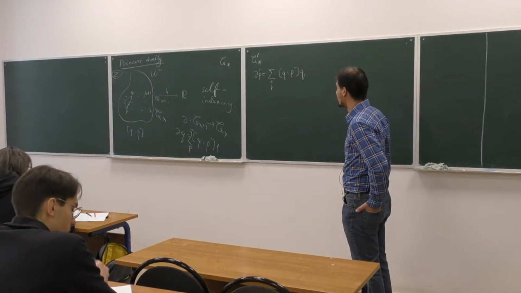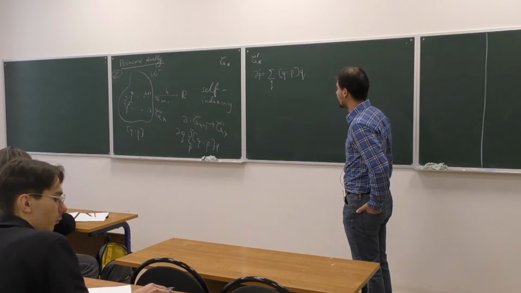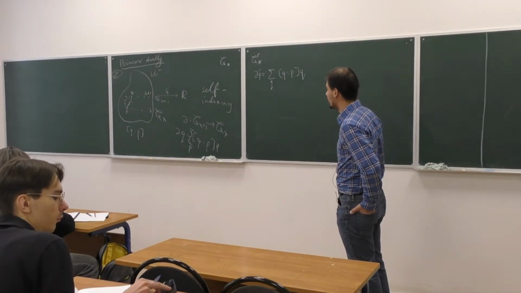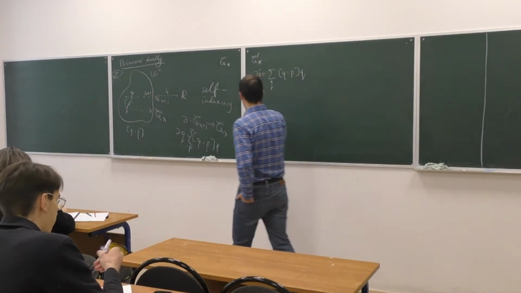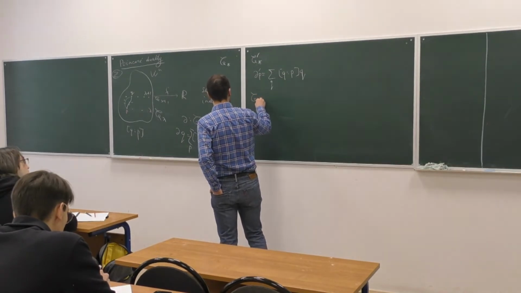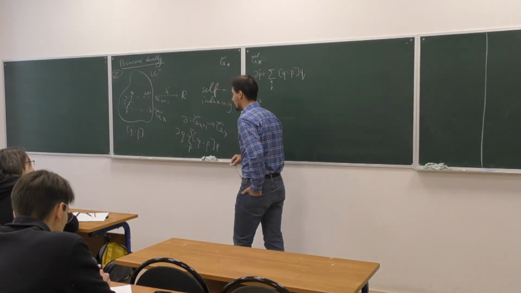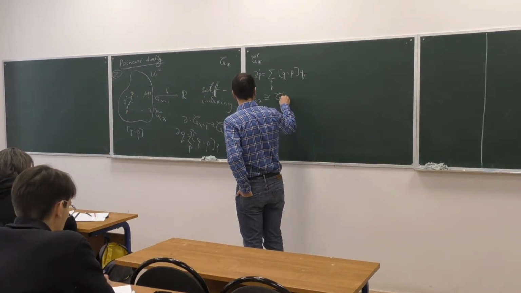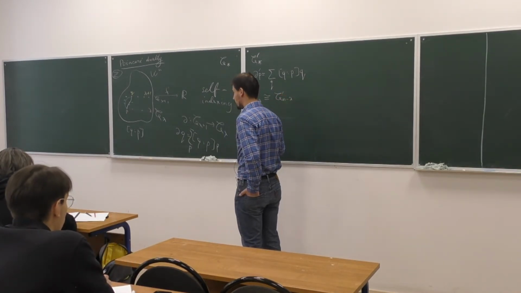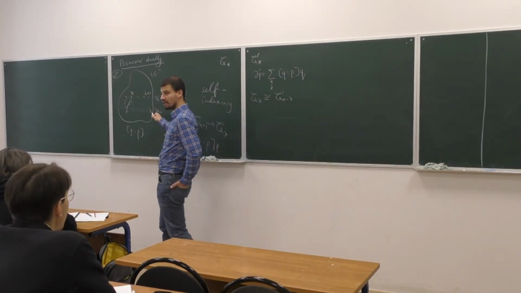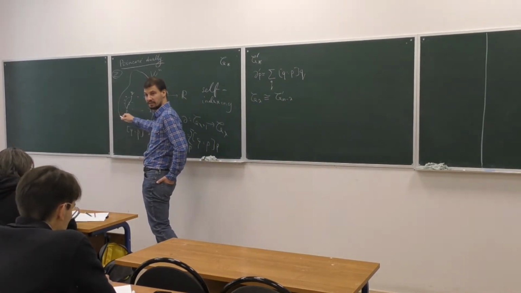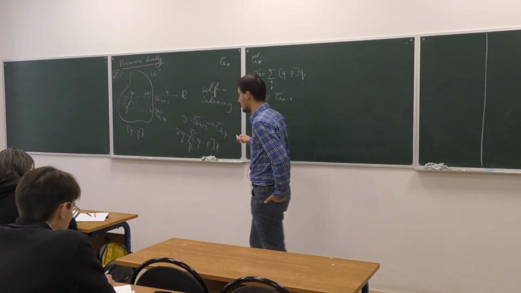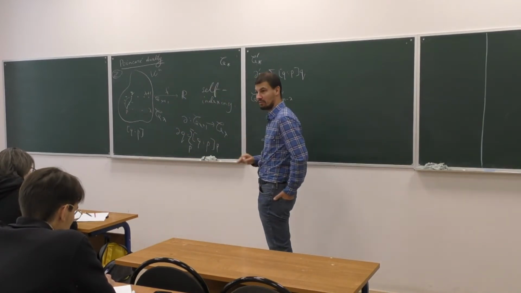This means that if we naturally identify C lambda with C prime n minus lambda, we can identify that these are just abelian groups with the same basis. Yes, they just coincide by our definition.